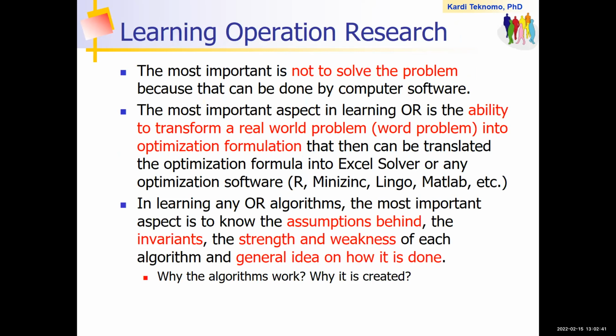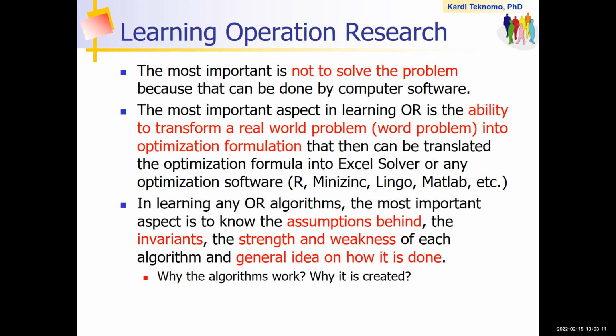By learning optimization, which is in operations research, the most important part is not to solve the problem, because you can do problem solving using computer software. The most important is your ability to transform the real world problem, usually a word problem, into the optimization formulation.